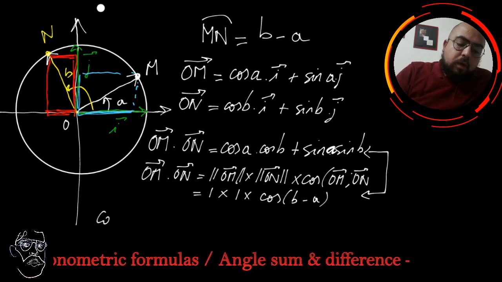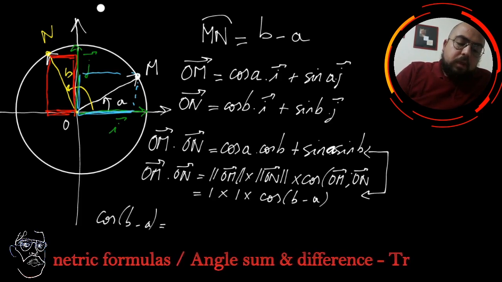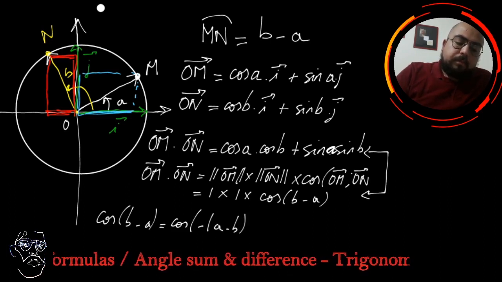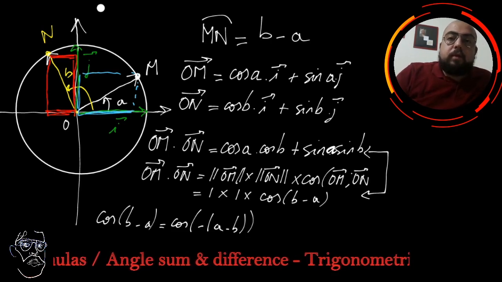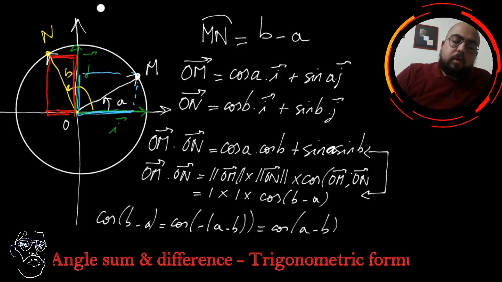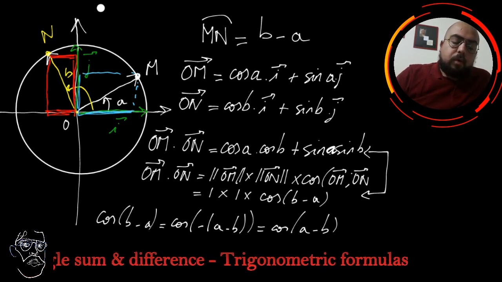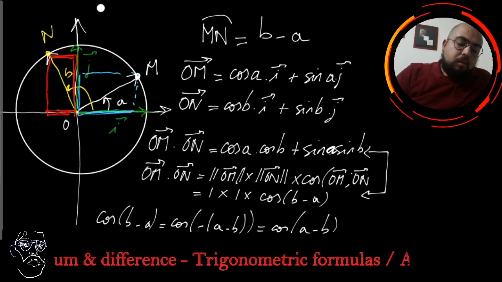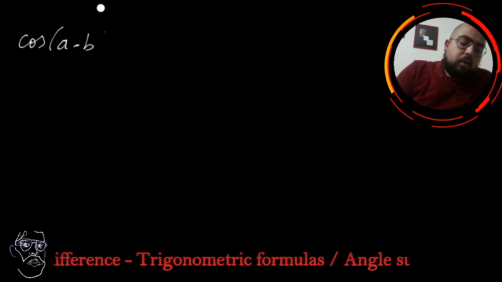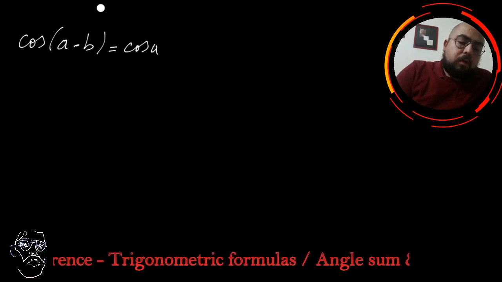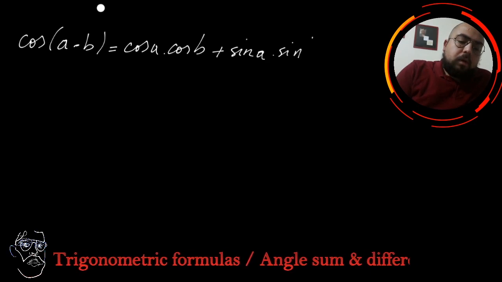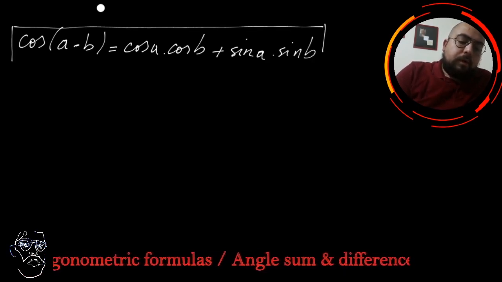I can also say that cosine of B minus A is actually the same thing as cosine of minus A minus B. So this will be the case of cosine minus alpha, which is cosine of A minus B. So I will have the final formula: cosine A minus B will be equal to cosine A times cosine B plus sine A times sine B. So this is how you get your first formula.